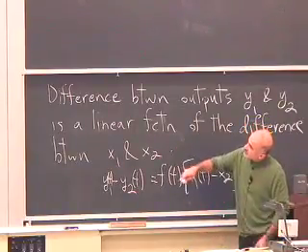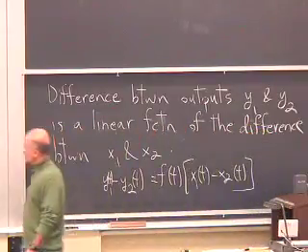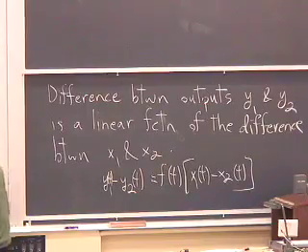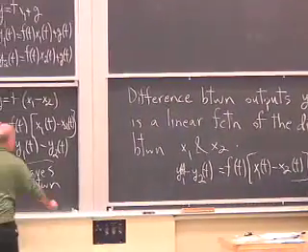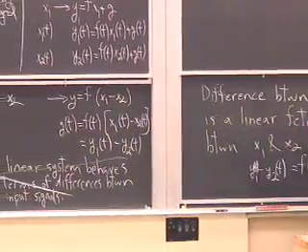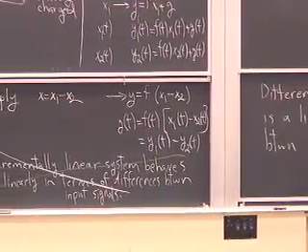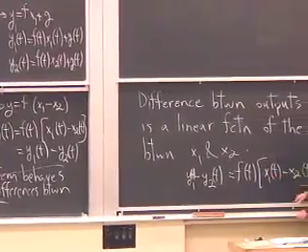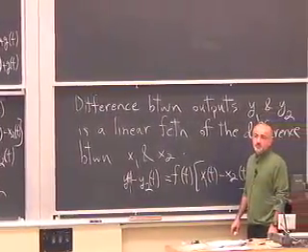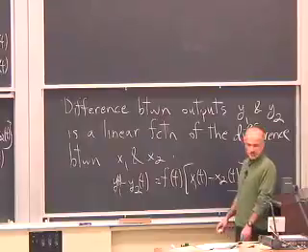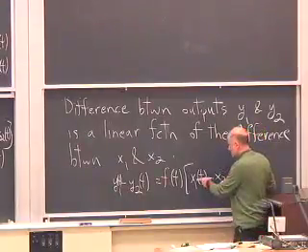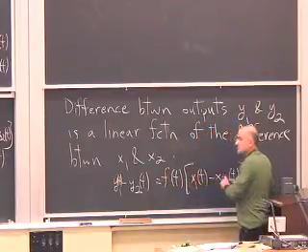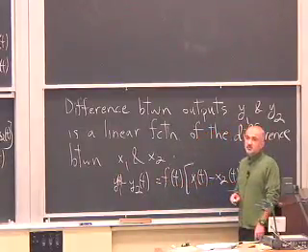Is that what I said? Oh, no. This is not how the system behaves. Sorry, so I actually scratched this. This is what I mean. When you look at the difference between two outputs, that's a linear function of the difference between corresponding inputs. That's what it means.